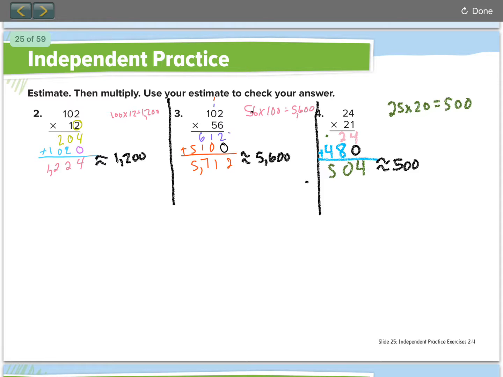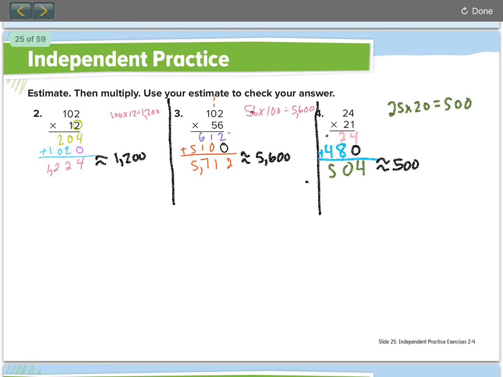Now I've got 204 plus 1020. When I add, I'll get 4 in the ones column, 2 in the tens column, 2 in the hundreds column, and 1 in the thousands column. So 102 times 12 is 1224, which is close to 1200.